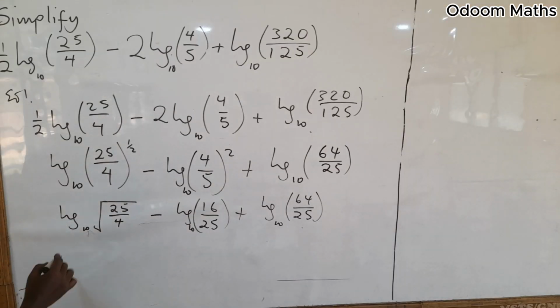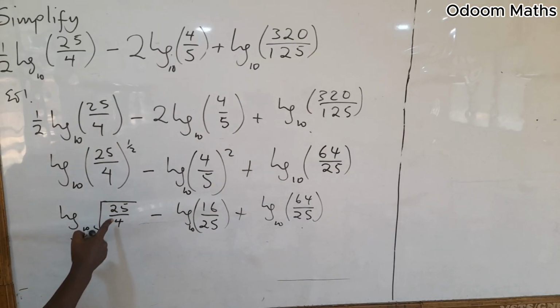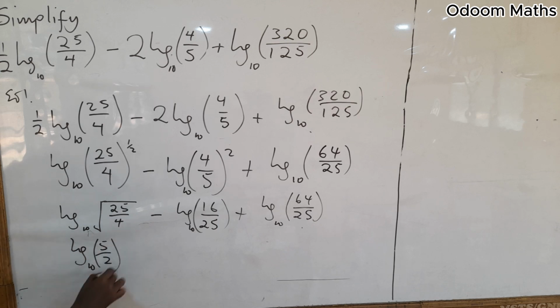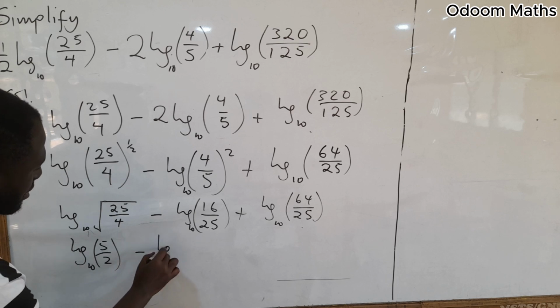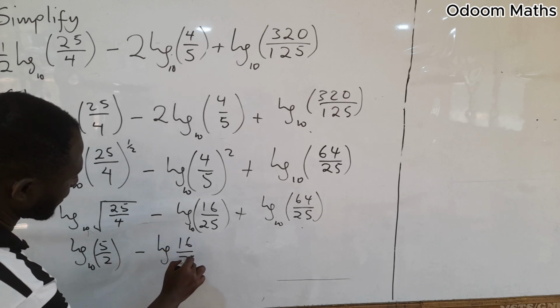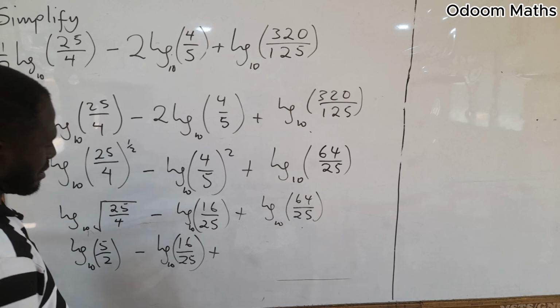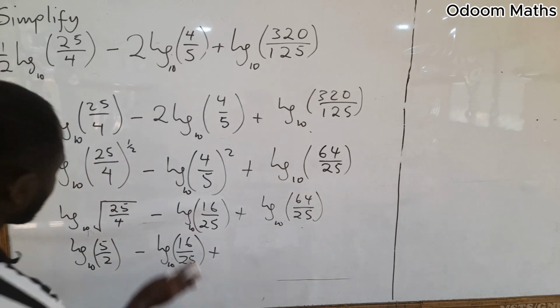Now this is going to be log 5/2 base 10, because the root of this will give me that. Then minus log 16/25 base 10. Let me rewrite this again.